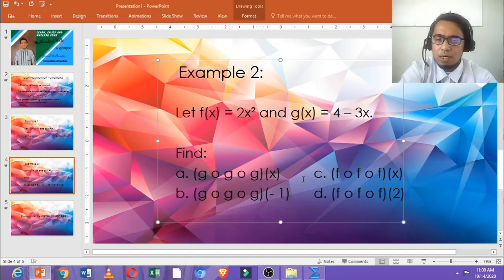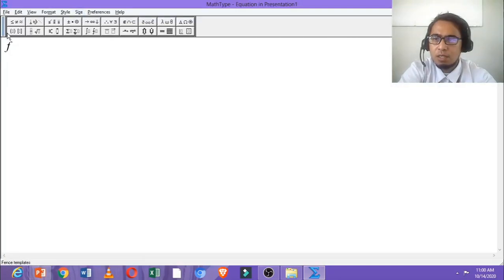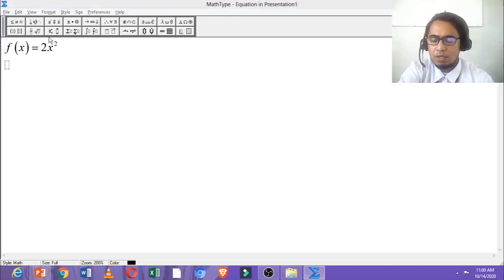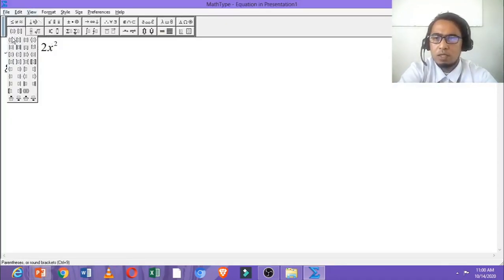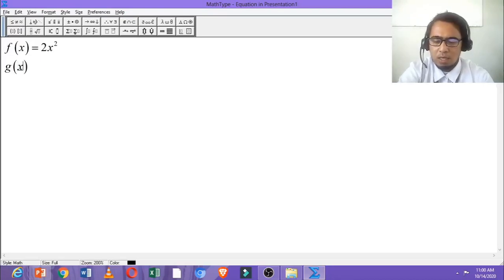So the given is f of x equal to 2x squared, while our g of x is 4 minus 3x.